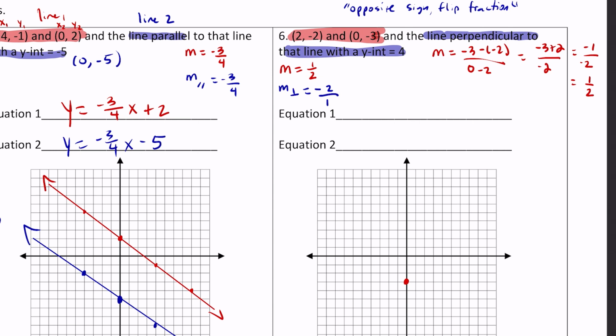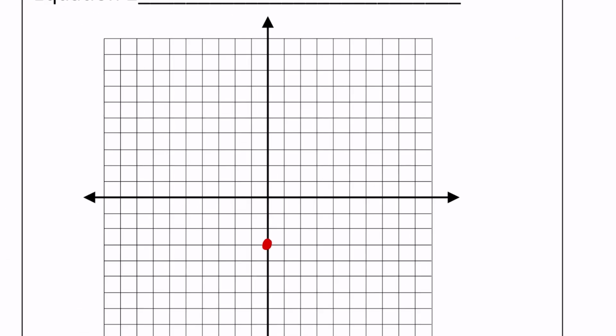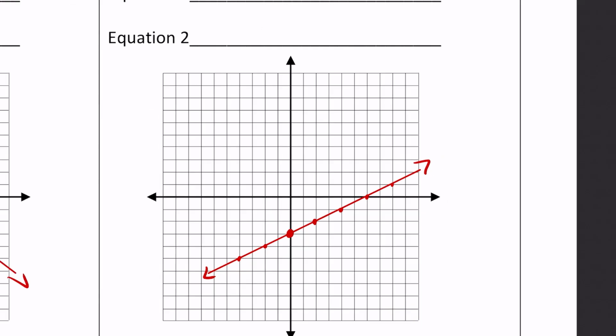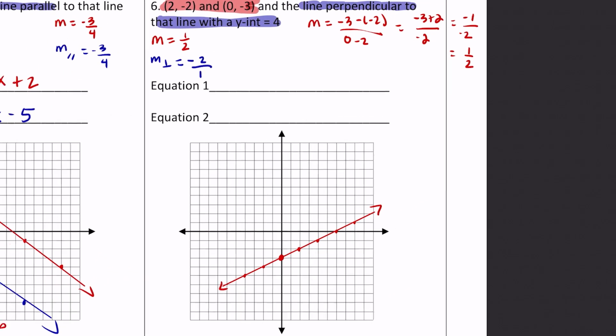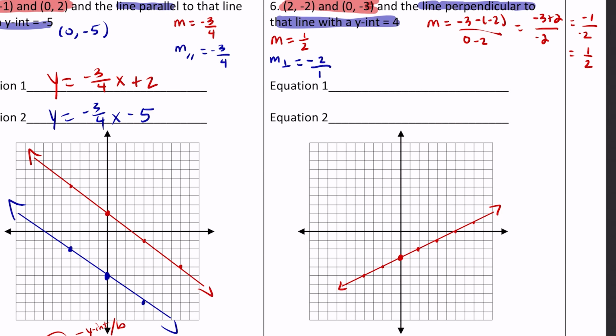So I'm going to go up 1, right 2, up 1, right 2, up 1, right 2, up 1, right 2. Do the opposite, down 1, left 2, down 1, left 2. And then I'm pretty happy with these points. So I connect them and draw the arrows. So now what I have here is this.